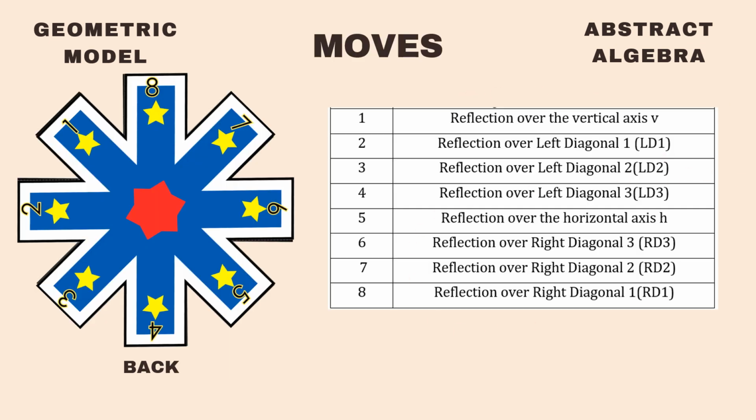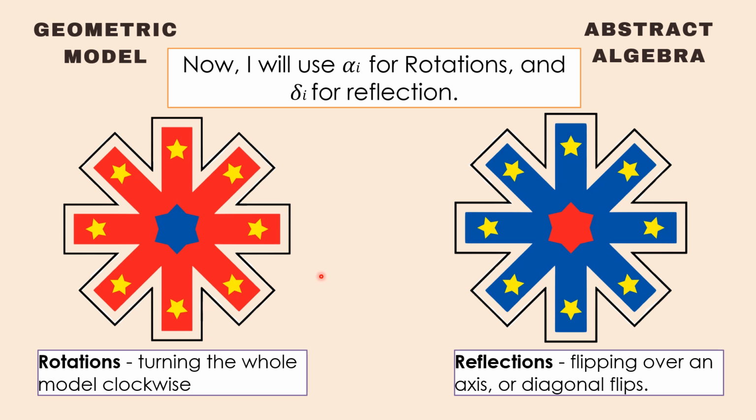So here are the moves. To symbolize this, I use alpha sub i for rotations and delta sub i for reflections. For rotation, turning the whole model clockwise, and for reflections, flipping over an axis or diagonal.